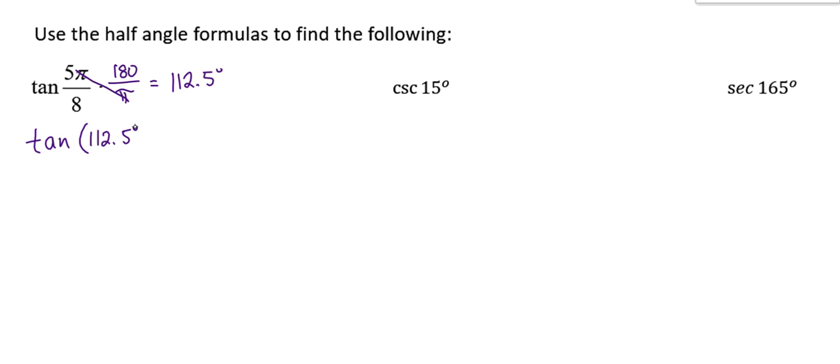Now that 0.5 right there is a dead giveaway that we've got to do it as something else over 2. So what is that something else? Well, if you take 112.5 and multiply it by 2, it comes out to be 225.